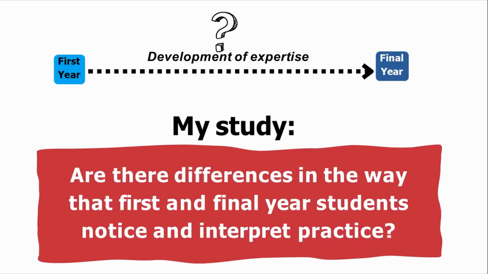So my study, again, looks at whether there are differences in the way that first and final year students notice and interpret practice. So what I want to see is if there is an increase in their ability to recruit their conceptual and theoretical knowledge to help them understand practice, the why of practice, from first to final year.